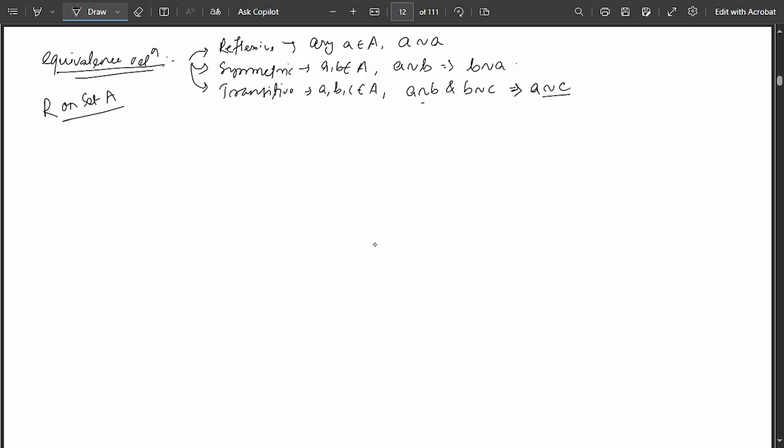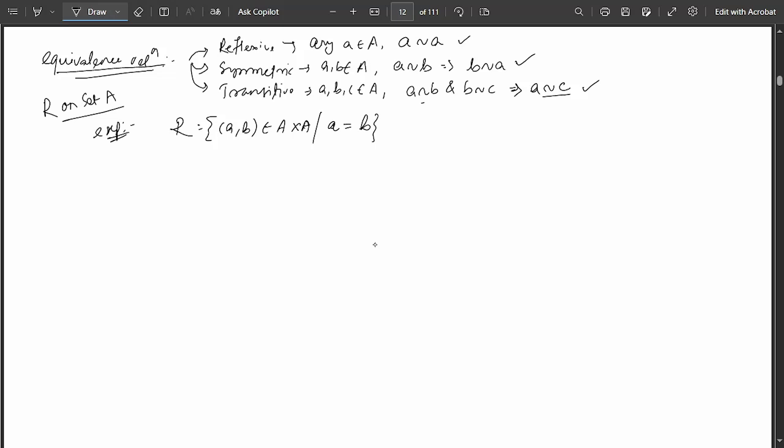So if any relation satisfies three properties, that is reflexive, symmetric, and transitive, we say that relation is an equivalence relation. For example, equality is an equivalence relation. Suppose I define a relation on A where every element is equal.